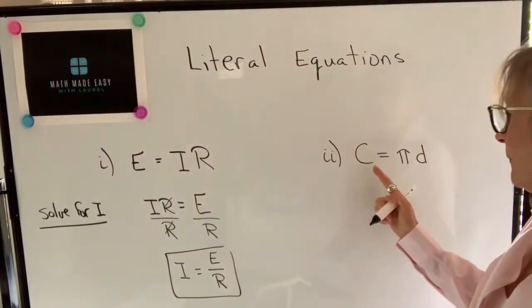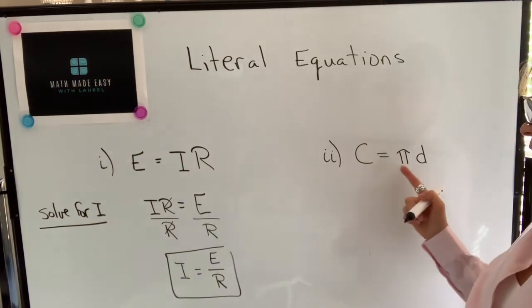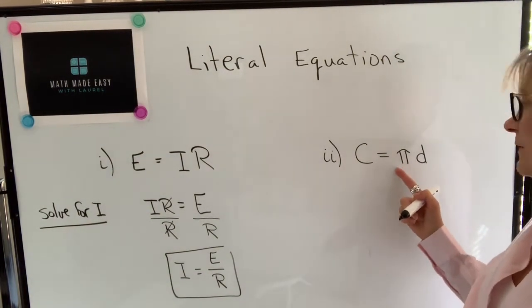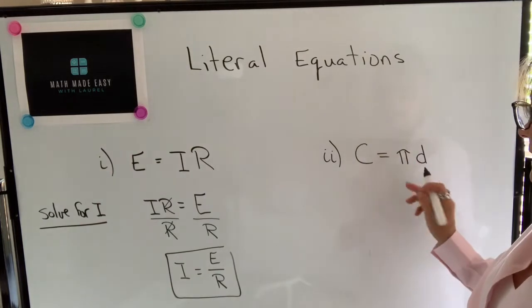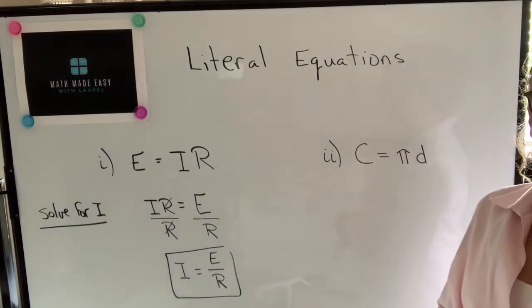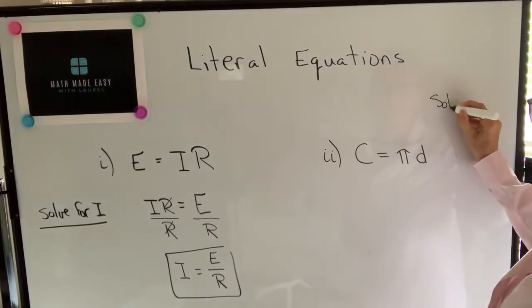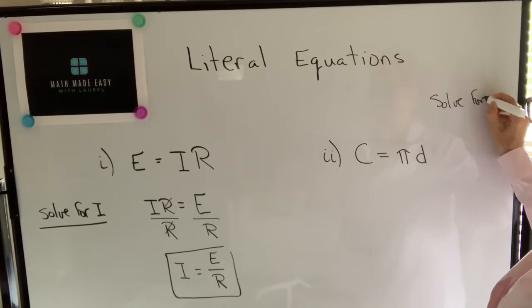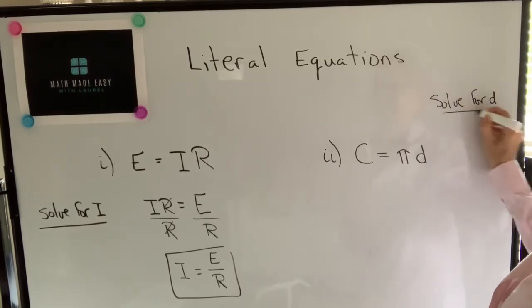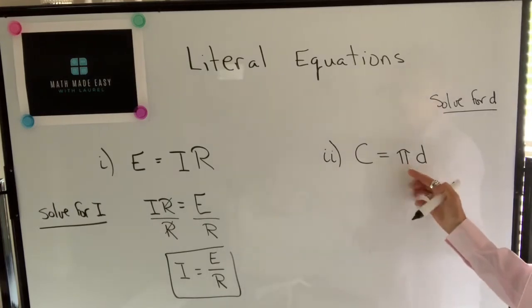Our next example is circumference of a circle. Circumference is equal to pi, which is a special number in math. I think you've all learned what pi is. We use that symbol to represent it, times the diameter. So if I wanted to rearrange this and solve for the diameter, solve for D, very similar to the last one. I'm just going to keep it on this side.